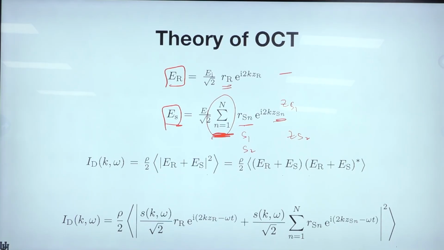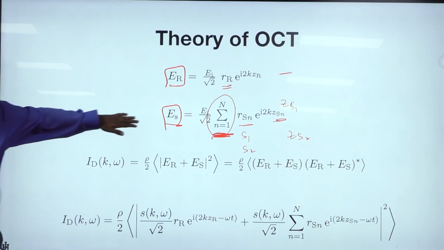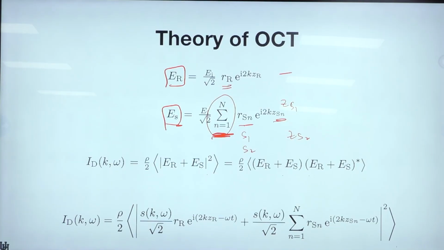It's an addition of all these reflections. That's the overall light that comes back. That's the equation for ES. And the detector sees ER plus ES. Add the two and take the magnitude square.